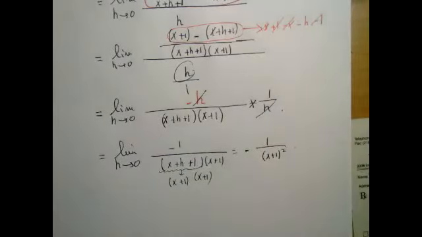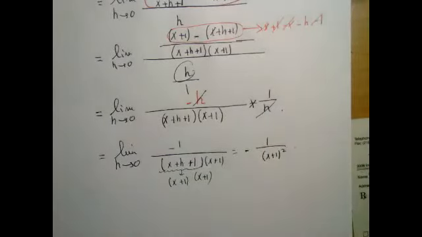Now, they want me to find f prime at a very specific point. It means when a equals minus a half. So they want me to find f prime at minus a half. I don't have to repeat the process anymore because it's the same thing. So instead of x, it's minus a half.